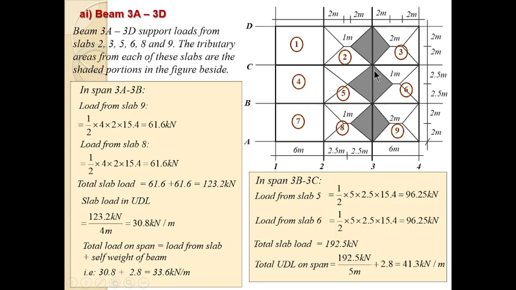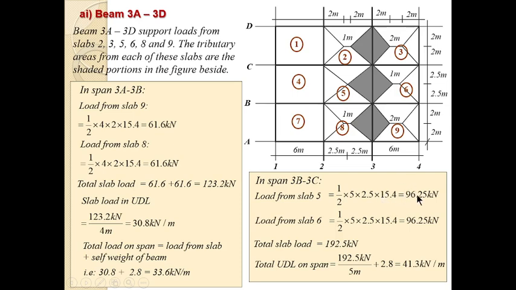And that is why you have the triangular tributary area like this. This distance from here to here is 2.5 and the base is 5. That's why we say area is half base times height. That is half of 5 multiplied by 2.5, and multiplied by 15.4, which is the design load.